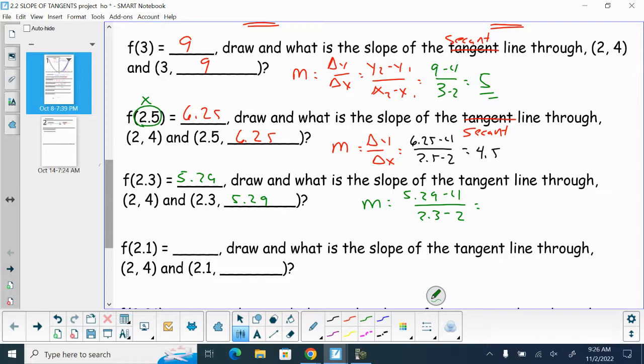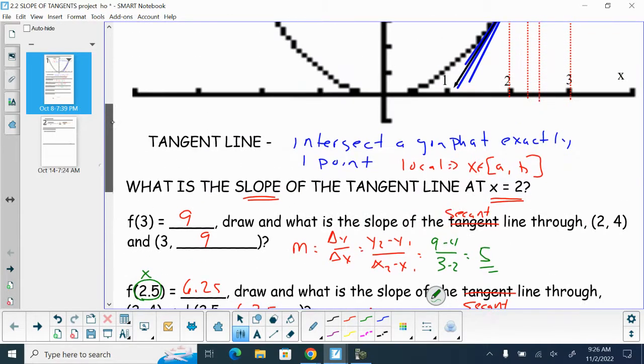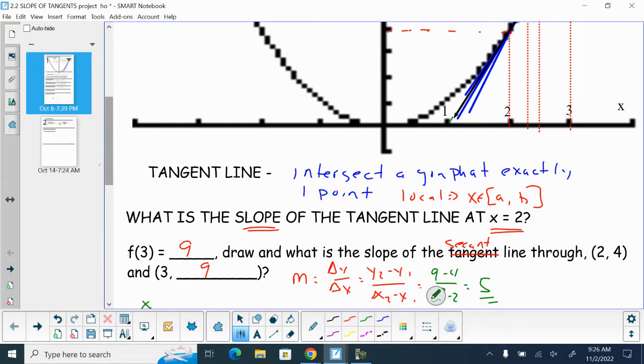Our slope now is what, Callie? 4.3. So our slope of this line now is 4.3.